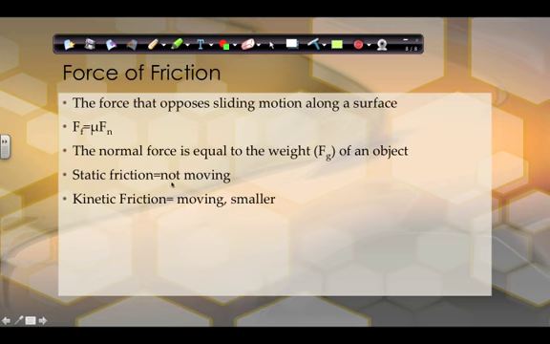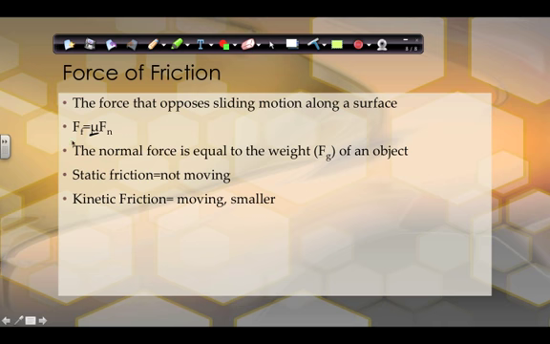All right, so the force of friction. You have to remember that the force of friction happens when there is sliding motion along some sort of surface. So the force of friction is special. It has a unique formula. You can still get the force by multiplying mass times acceleration, but when we're looking at just the force of friction, you can also take the coefficient, which is this funky u right here, and multiply it by the normal force.